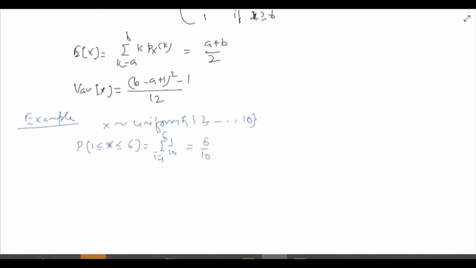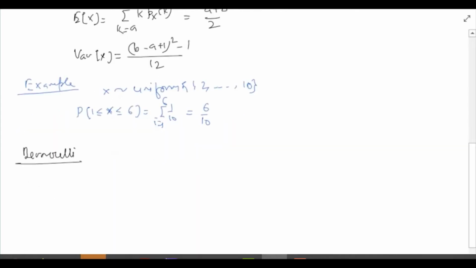Let us now move to the next random variable, and that is Bernoulli. Before we see Bernoulli random variables, let us consider an experiment, and this experiment we will refer to again and again in today's lecture. So let me call it experiment star.